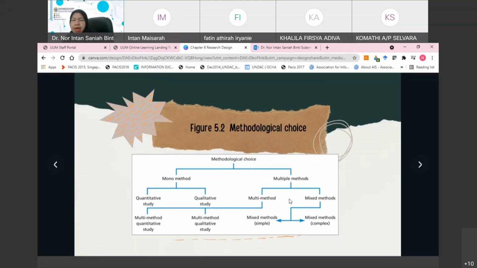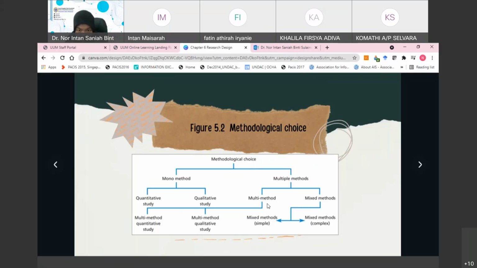What is the difference between multiple and mixed? We will see after this. Whoever wants to know can check the difference between multiple or multi. For multi, we do have multi-method.